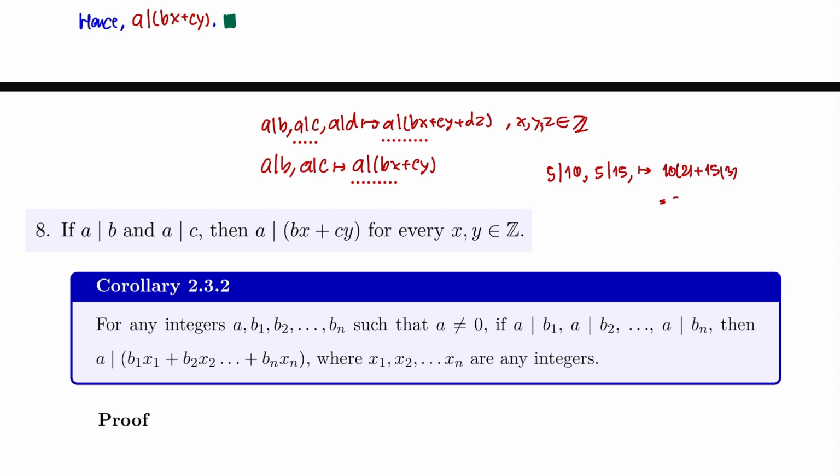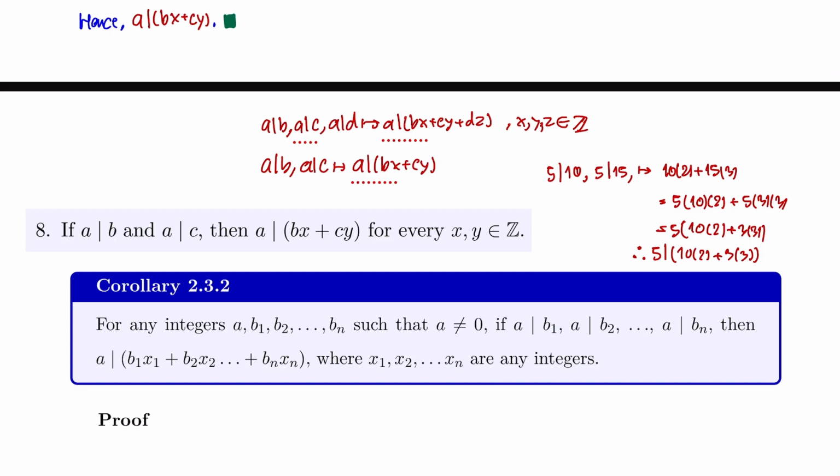So we're going to have 5 times 10 times 2 plus 5 times 3 times 3, and factorize the number 5. So we're going to have 5 times (2 times 2 plus 3 times 3). That means that 5 divides this one, right? That means that 5 divides 2 times 2 plus 3 times 3. Okay? That's what we have right here, right?